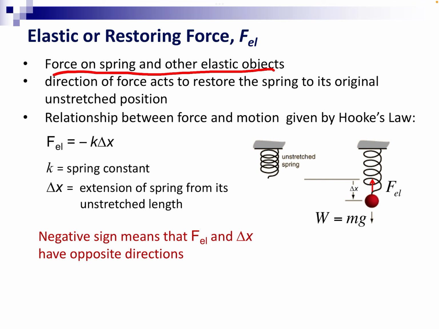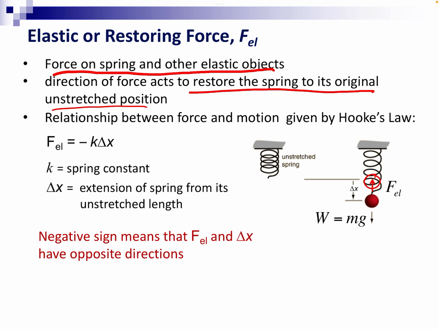The elastic force has the tendency to try to restore the spring to its original unstretched position. So in this case, the elastic force would be directed upwards, as you can see in this illustration here, because the elastic force will try to restore this stretched spring to the original unstretched position of the spring.